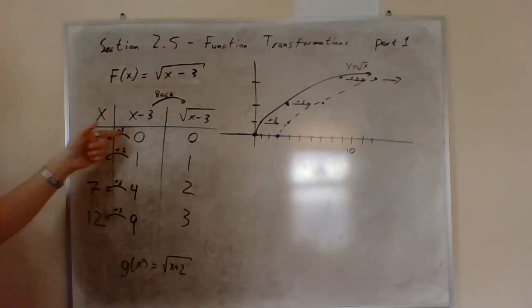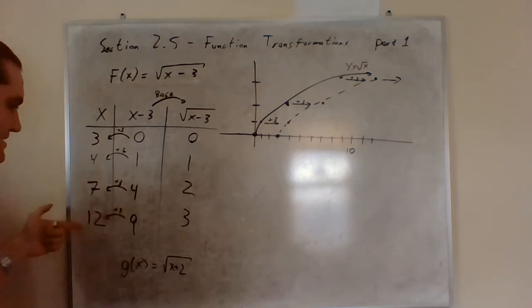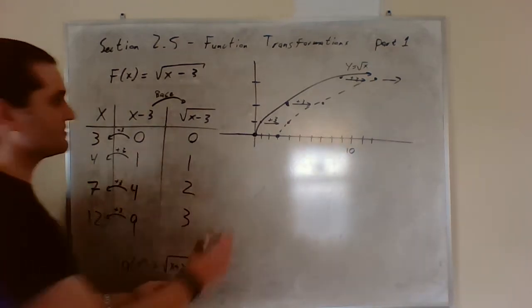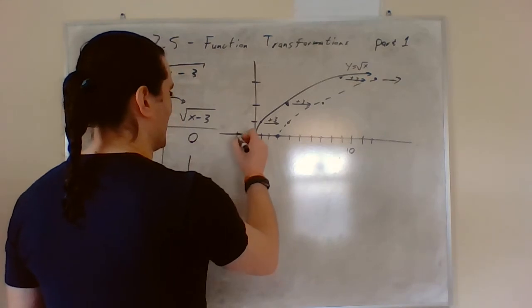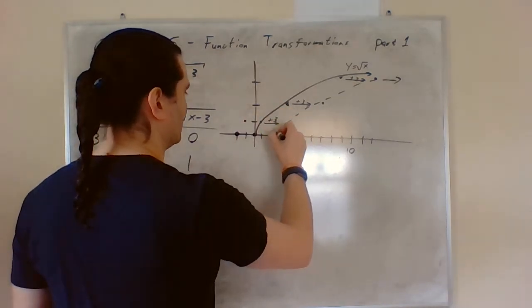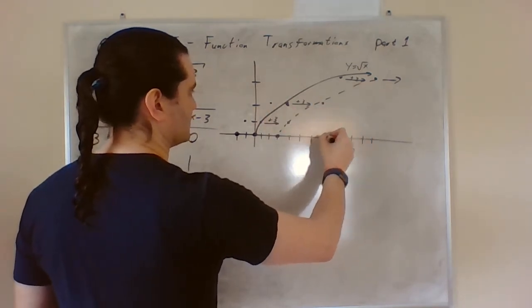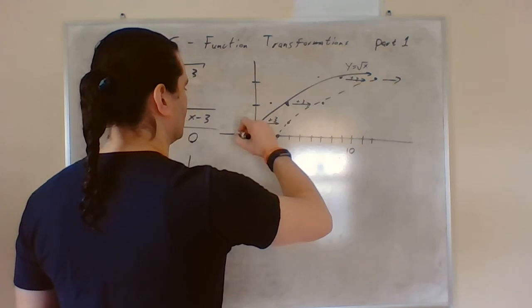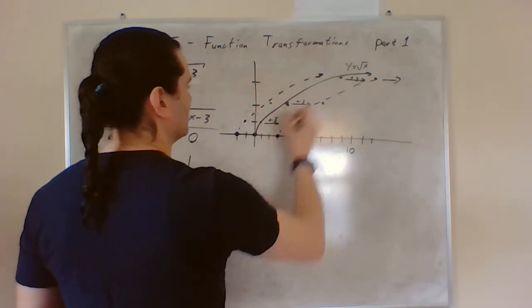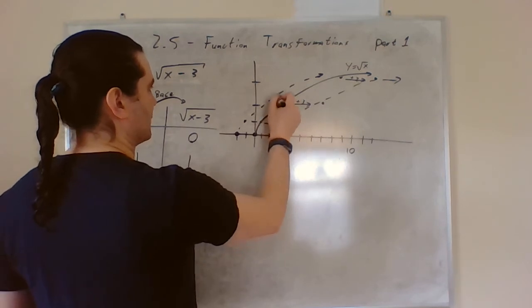So we'd have had to subtract 2 to get negative 2, negative 1, 2, and 7. So this would push us back 2 units.